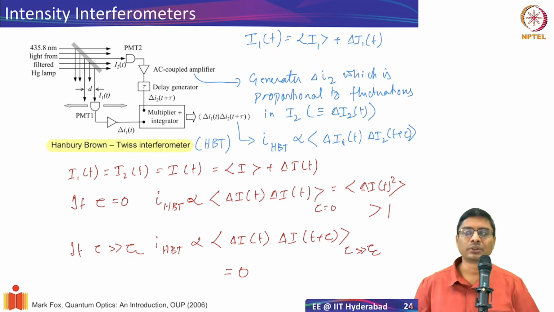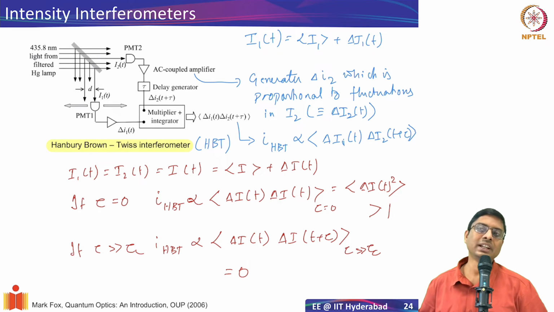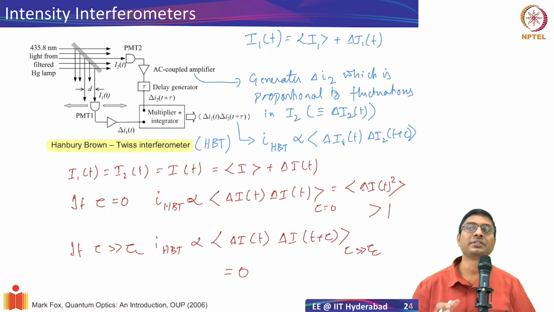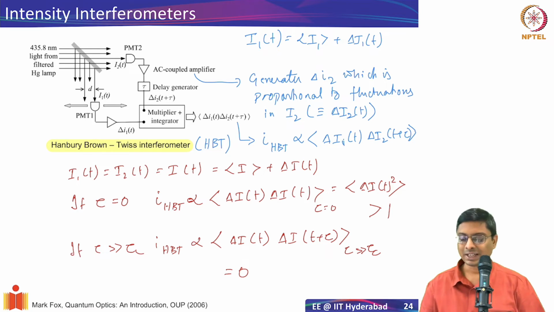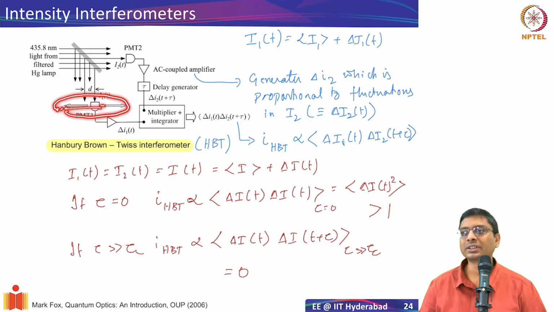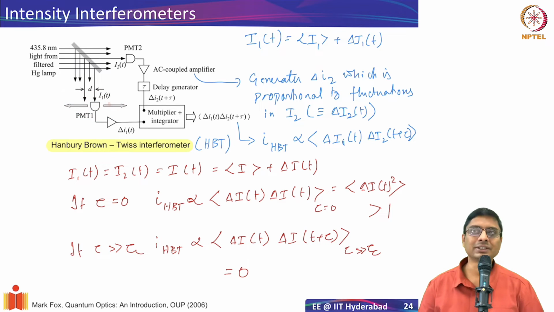So now, by changing the delay, I have a way by which I can figure out the coherence time of my source. Okay. In the original Hanbury Brown experiment, they simply made one of the detectors movable so that they could move it. Once they move it, again, after a coherence length, I will not have any coherence. So if I measure the current as a function of distance also, I'll get the coherence length over which my coherence is there.